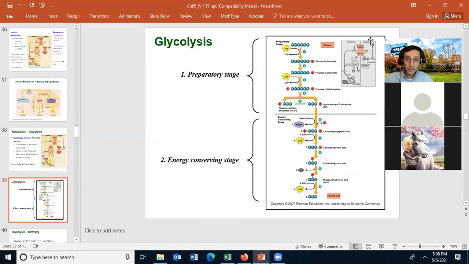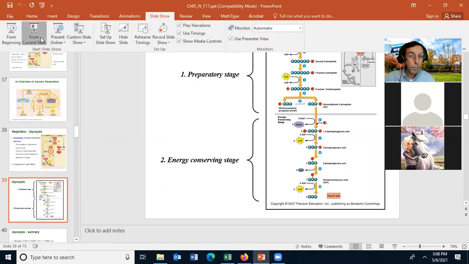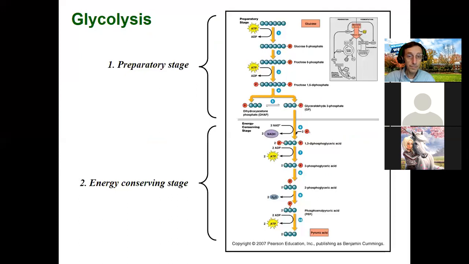In glycolysis, let me see if I can blow this up. Glucose is the starting molecule right here. It is a 6-carbon molecule. ATP gets sent into the reaction in the preparatory step, and there's 2 of them, right here and right there. And then in the energy conserving stage, ATP gets generated. There's 2 here and 2 here.